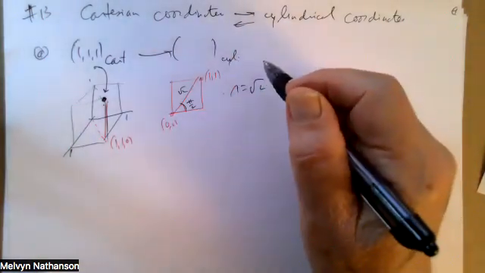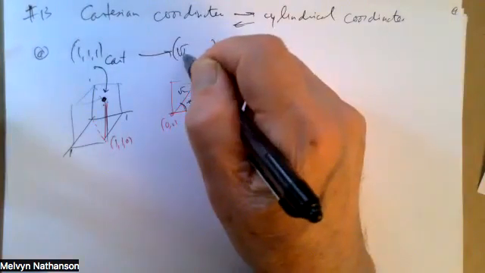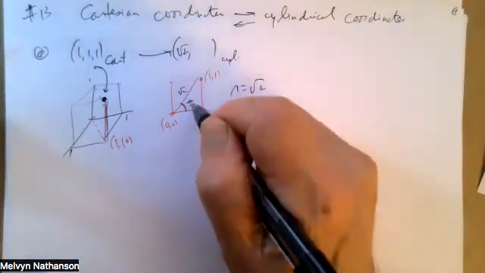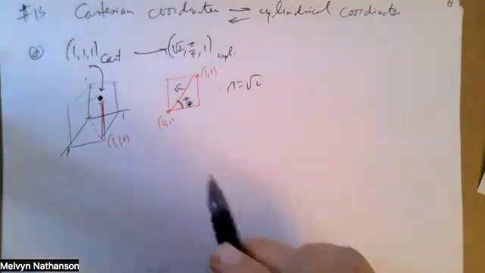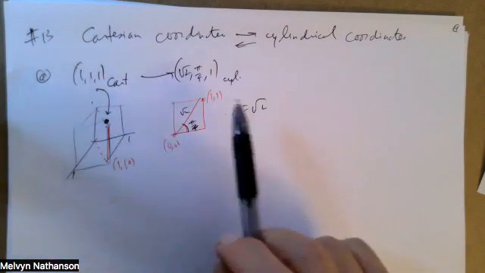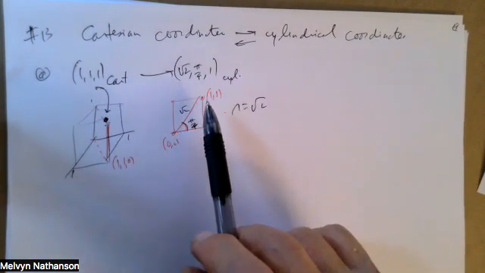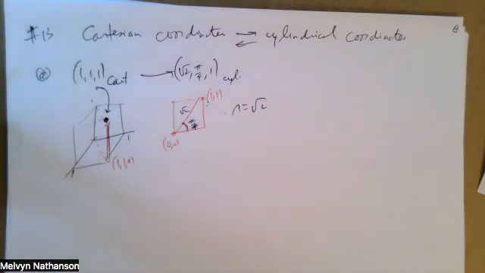So the cylindrical coordinates r, theta, z are square root of 2. Sorry, this is pi over 4. Pi over 4, 1. So the point 1, 1, 1 in Cartesian coordinates is sent to the point square root of 2, pi over 4, 1 in cylindrical coordinates.